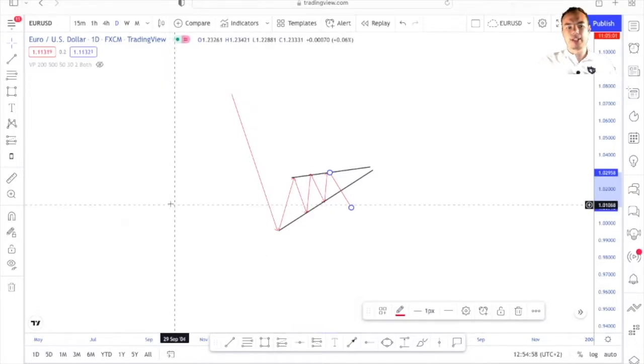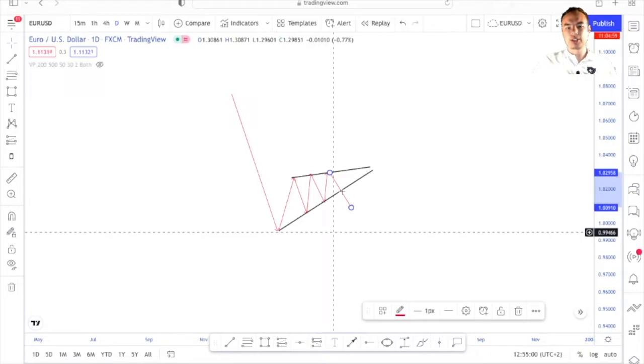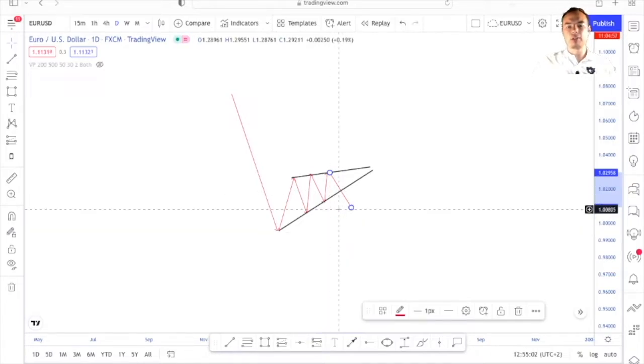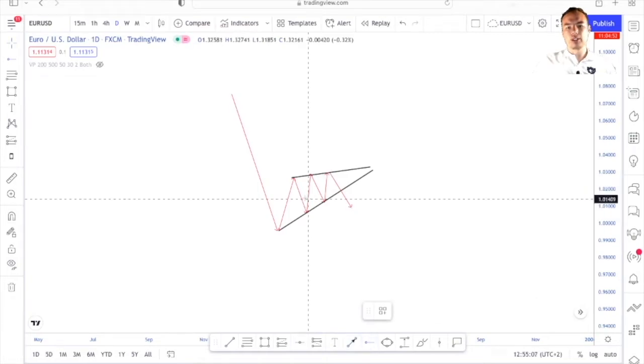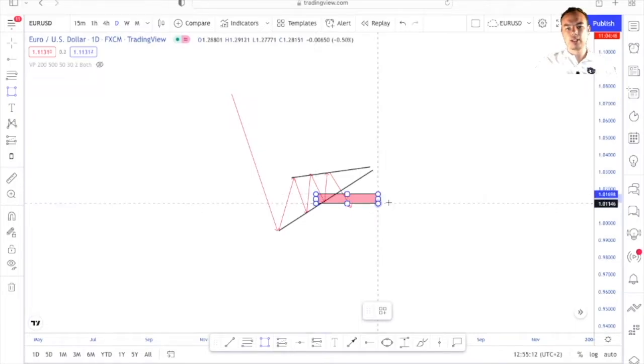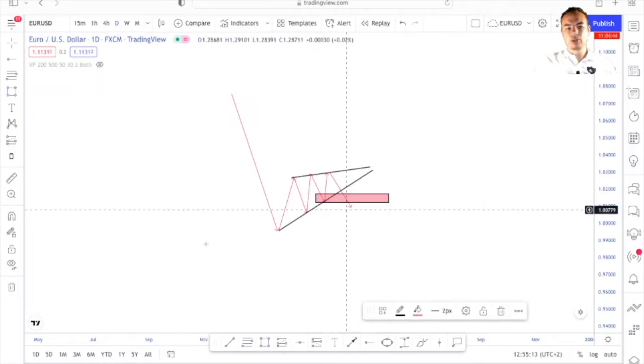Now, basically for me, I wouldn't just sell on the break. A lot of people just sell on the break. I like a lot of confirmation. So what I would do is I'll wait for this low to get retested, or just the trend line itself.